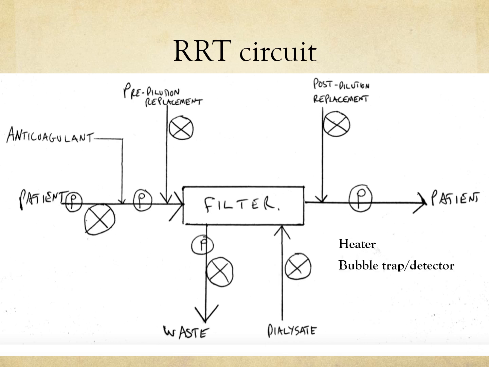There's a bubble trap and bubble detector so that we're not giving inadvertent air emboli. There's also a blood leak detector, so if there's blood running onto the floor, an alarm goes off that tells you. And there's scales. We allow the machine to know when the waste bag is full.